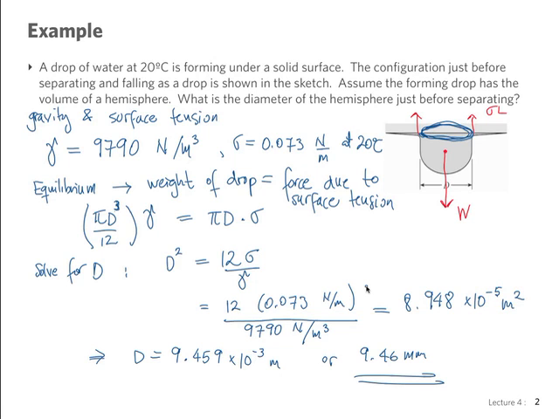If it had been something like 2 meters, it's obviously wrong somewhere. And the reason I say this is because I had quite a chuckle when I saw a 10-meter diameter drop on one of the exams.